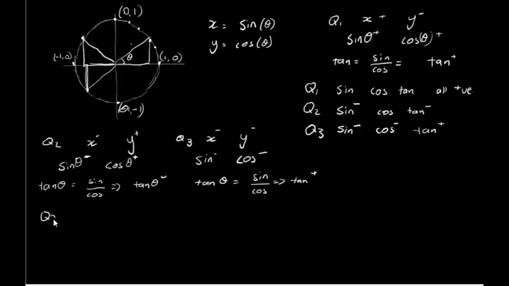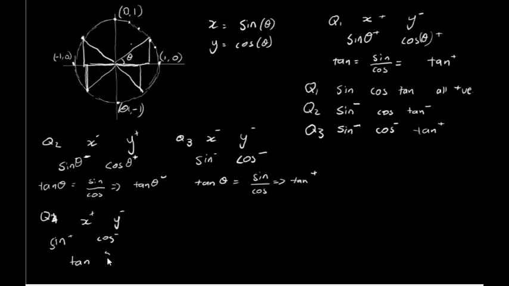And for the last one, Q4, over here, I'll draw another triangle. I have x is positive, y is negative, which means cos is positive, sine negative.